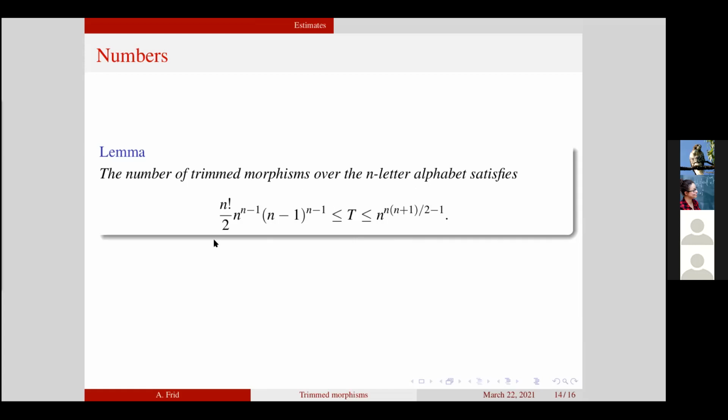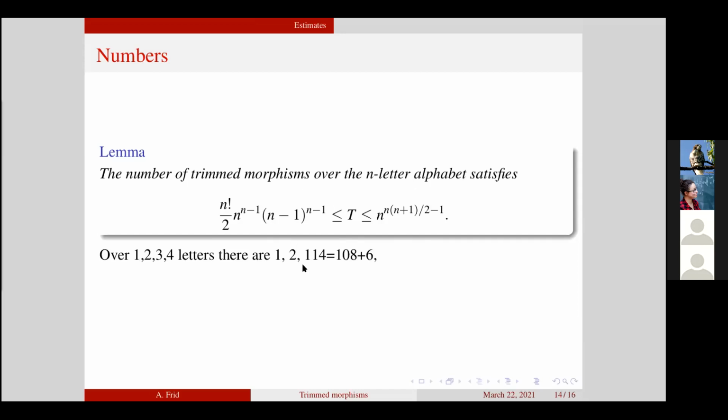But I tried to compute the first values for what happens over 1, 2, 3, 4 letters. So the first elements are: one shape of a trimmed morphism over one letter; 2 trimmed morphisms over 2 letters, corresponding to the order preserving or order reversing situation.